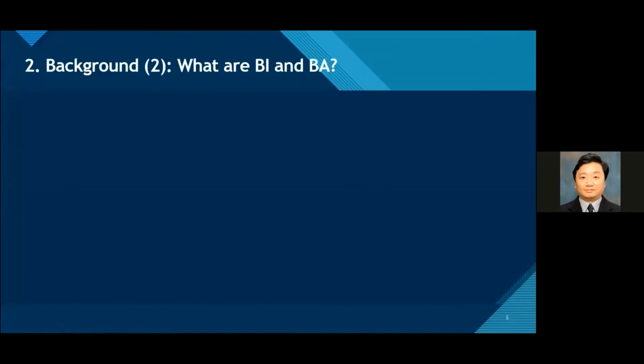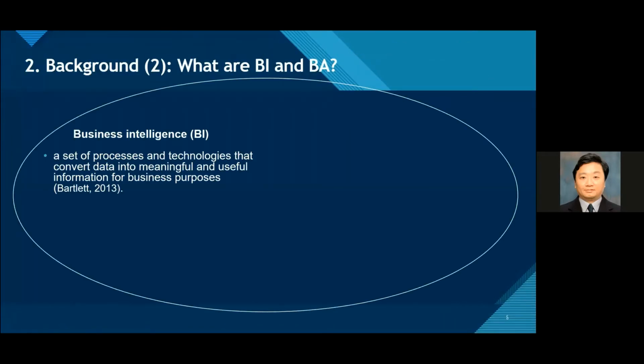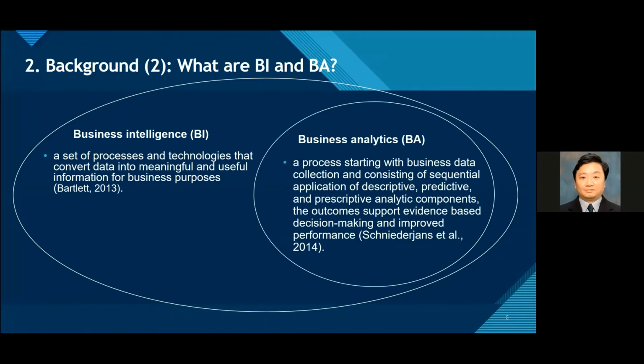What are BI and BA? BI is a set of processes and technologies that convert data into meaningful and useful information for business purposes. Whereas BA is a process starting with business data collection and consisting of sequential application of descriptive, predictive, and prescriptive analytic components.